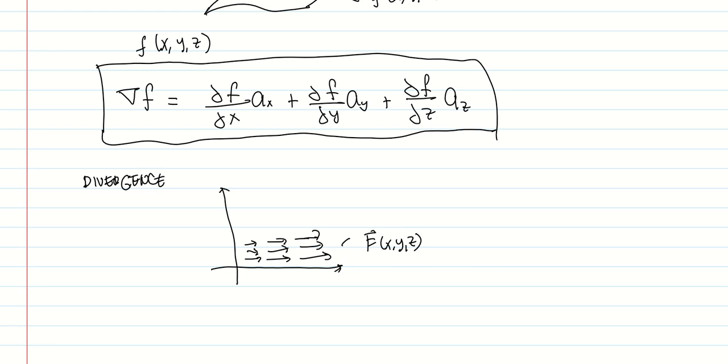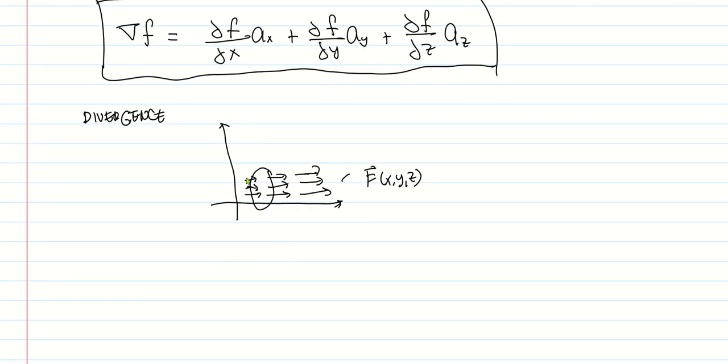Then for the divergence, I take a point and draw a circle around it. We compare the amount of the vector that is entering the circle and the amount of the vector that is leaving the circle.